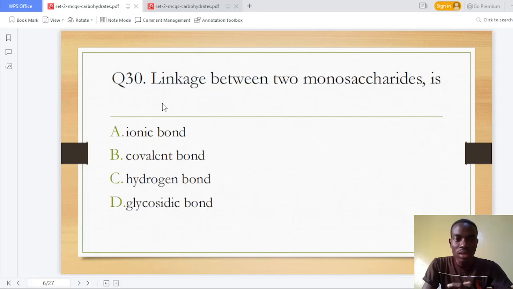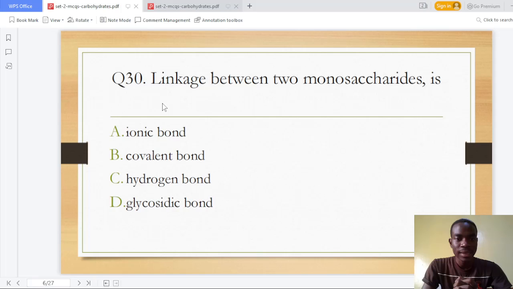C, hydrogen bond. D, glycosidic bond. In carbohydrates, the type of bonds that we find are glycosidic bonds. Therefore, the best answer is D.